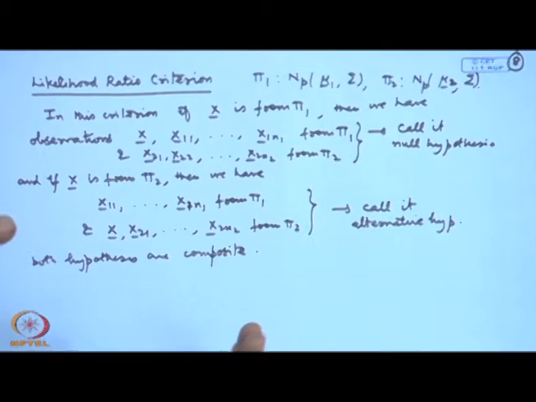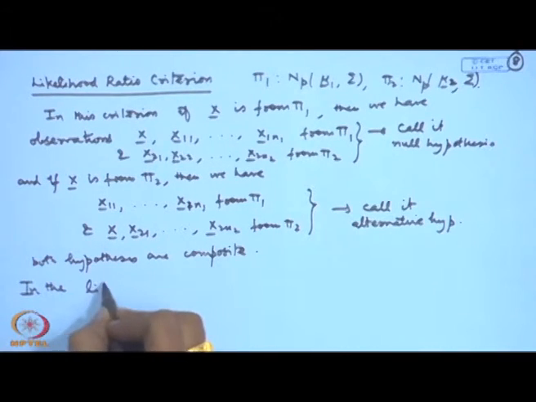And here mu 1, mu 2 and sigma are all unknown. In the likelihood ratio criterion, when we consider the null and alternative hypotheses as composite hypotheses, what we consider is the maximization of the likelihood function over the null hypothesis space and the alternative hypothesis space, and then we take the ratio of the two likelihood functions and consider greater than or less than.